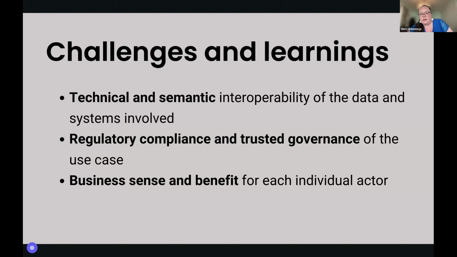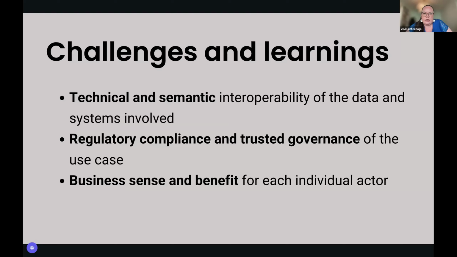Whenever you have people, systems, and organizations cooperating around data, trust gets brought up as a major consideration. And so this was one of the challenges to address. Maybe not a challenge, but at least an issue to make sure that we tackle well.